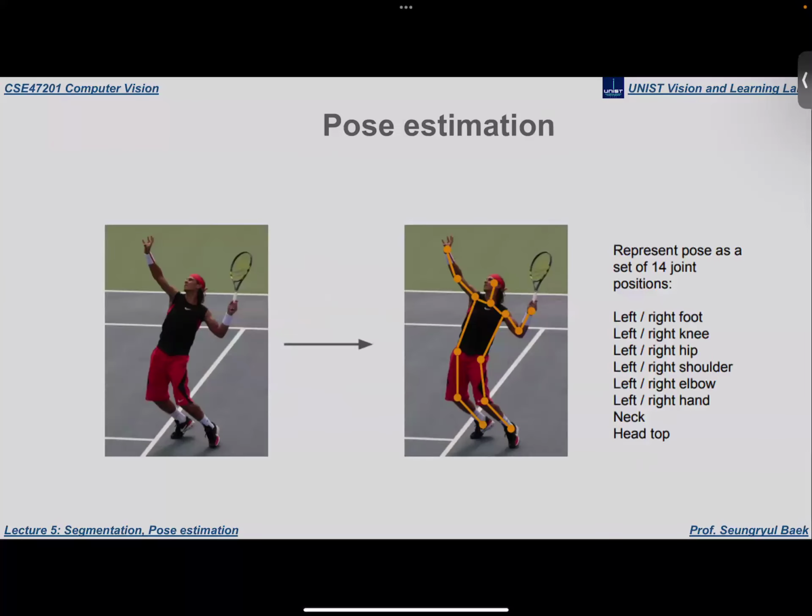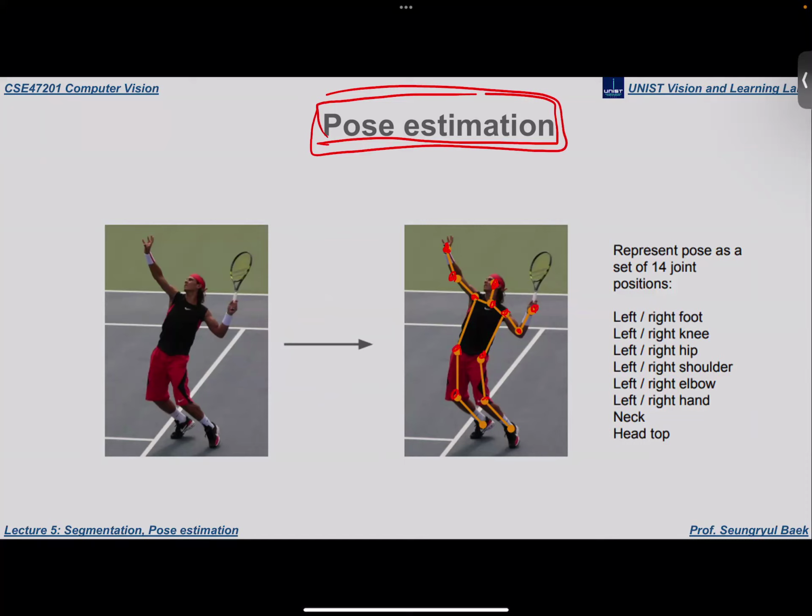And the next thing we have to learn is pose estimation. In pose estimation, as I already explained to you, we have to define some key points on the human body.